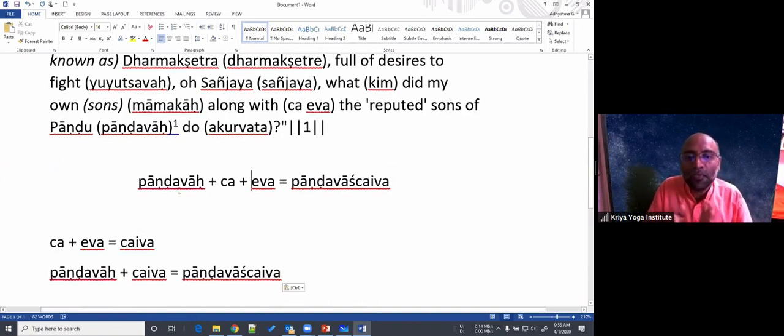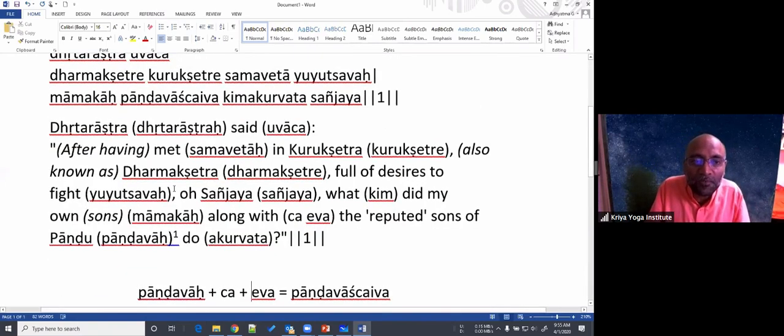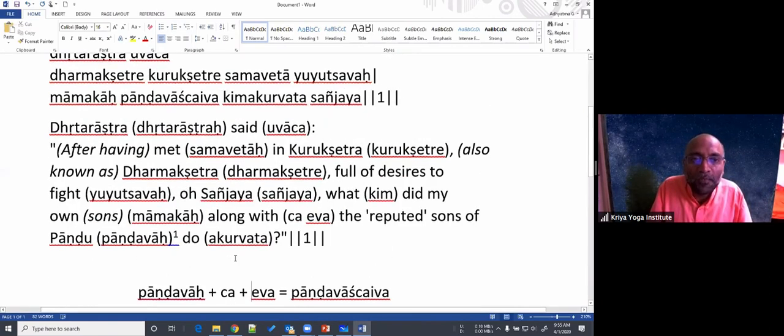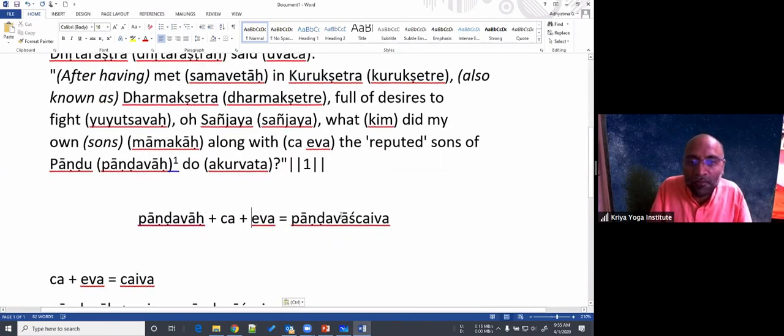They are free to be kept anywhere in the sentence, depending upon the context. Sandhi only happens because they happen to come together in the particular sentence the way you have formed it. If I form this sentence a little differently, then this Sandhi will not happen.